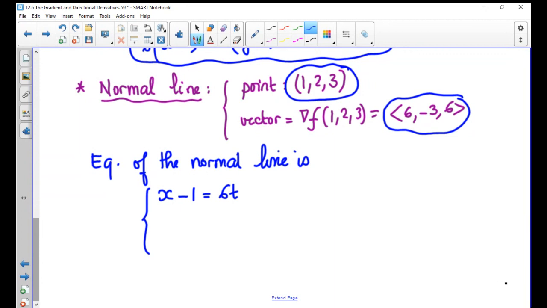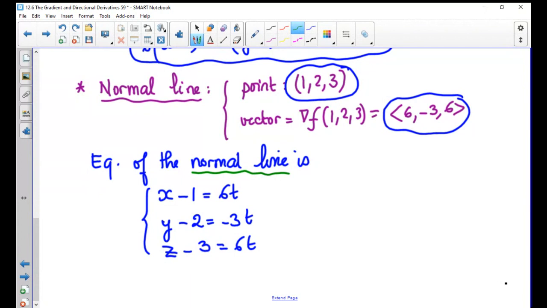What's the second equation? y minus 2 is equal to minus 3t. And finally, z minus 3 equals 6t. And that is the equation of the normal line.